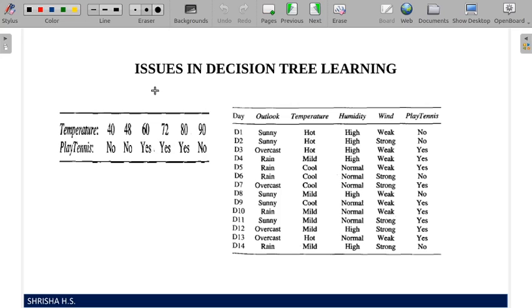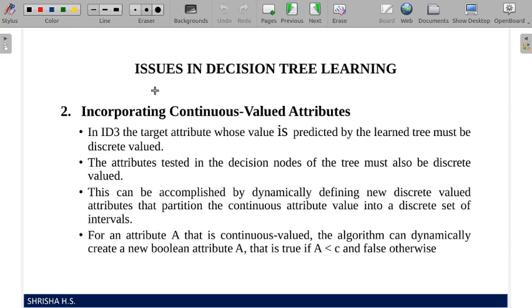So the second issue we are seeing here is, if we have continuous valued attributes, what do we have to do with them? We need to convert them from continuous valued attributes to discrete valued attributes. Let's see the points here. In ID3, the target attribute value predicted by the learned tree must be discrete valued. So the attribute tested in the decision nodes of the tree must also be discrete valued.